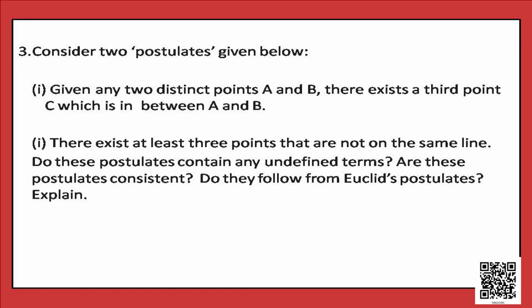Okay? So students, let us discuss question number 3. It says that consider 2 postulates given below. First one, given any 2 distinct points A and B, there exists a third point C which is in between A and B. What it says?